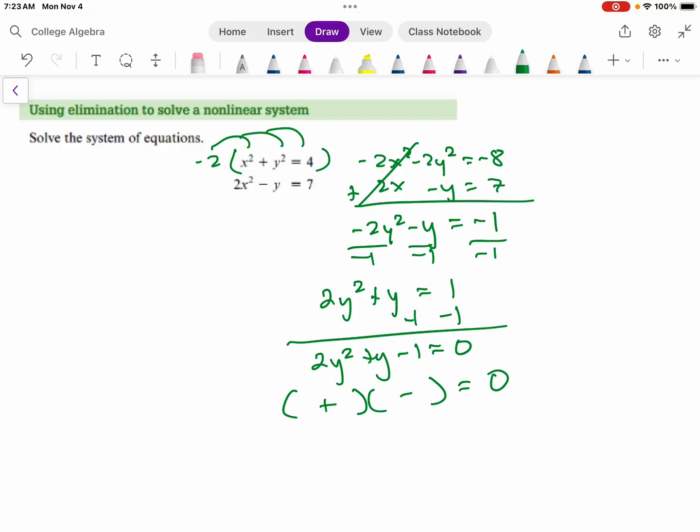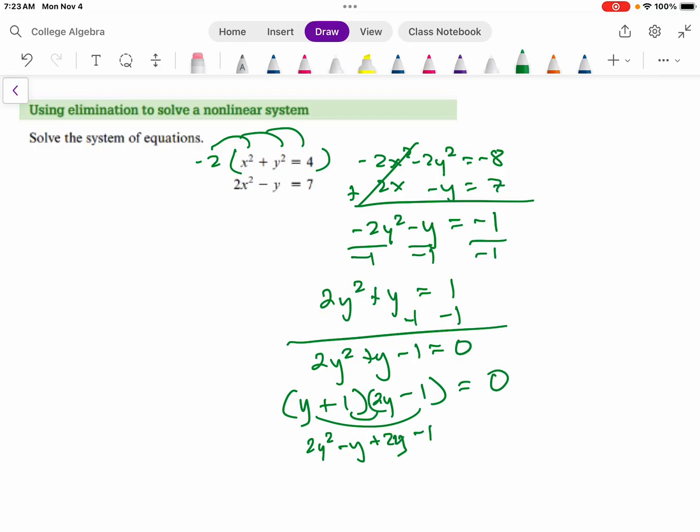Now I've got to be careful. I want to have a positive 1 in the middle, which means as I put the 1 and the 1, I can go ahead and stick them in there. I need to make sure as I set it up that 2 times 1 is positive. So I want the 2 to be in front of this y, and then the other y there. And again, the reason behind it is I FOIL 2y squared, and then we have a minus y, a plus 2y, and then a minus 1.